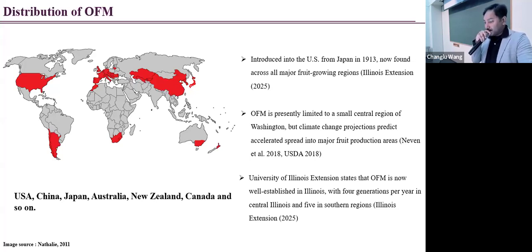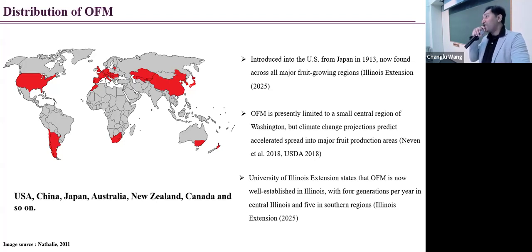It was first introduced to the USA from Japan in 1913, and is now found across all major growing regions. This Oriental fruit moth is presently limited to a small central region of Washington, but climate change projections predict that it will accelerate its spread into major fruit production areas.